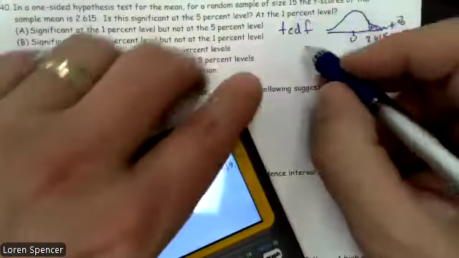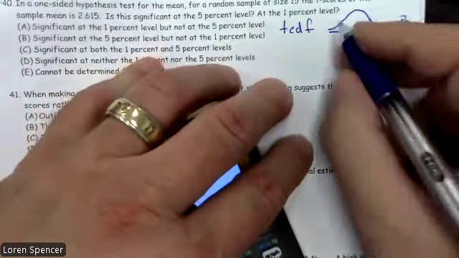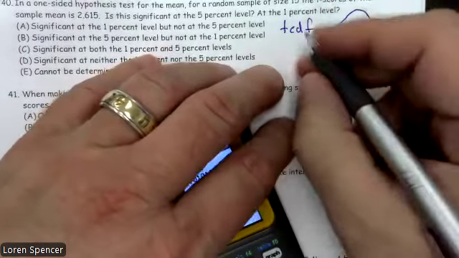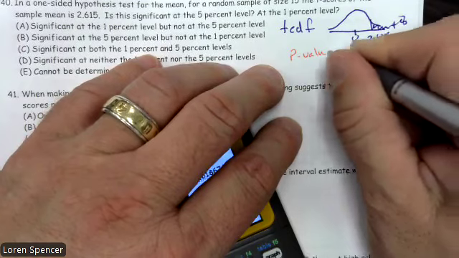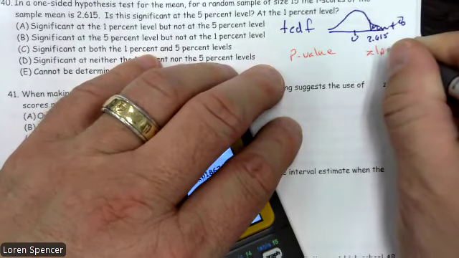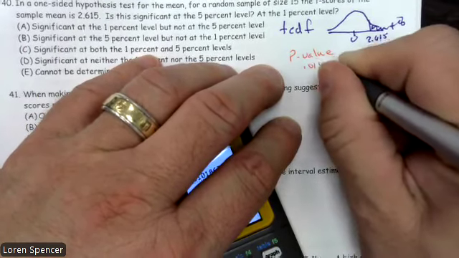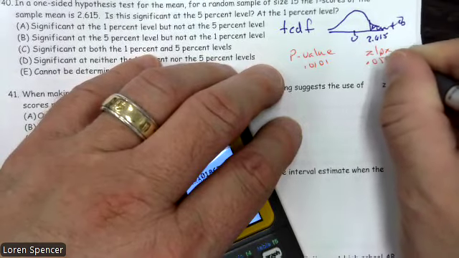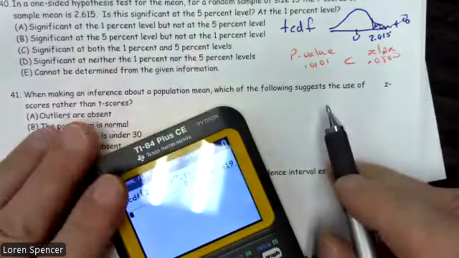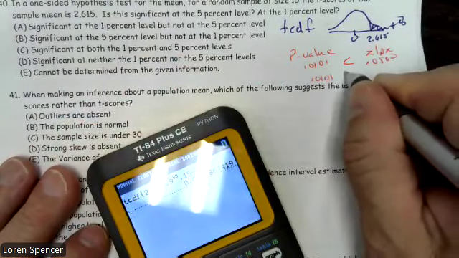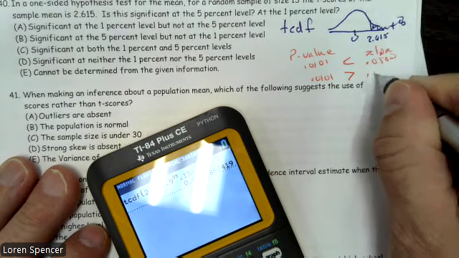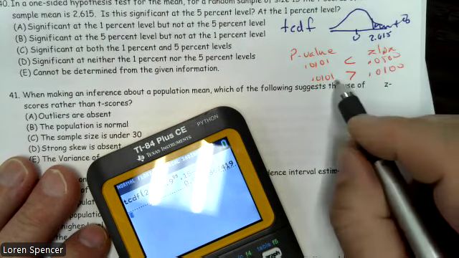All right, so our first alpha is 0.05. So p-value and alpha, 0.0101 is less than 0.05. It's significant at the 5% level. But 0.0101 is greater than 0.0100.